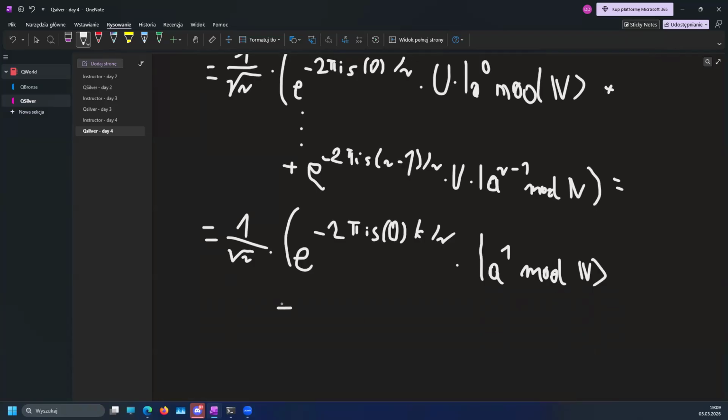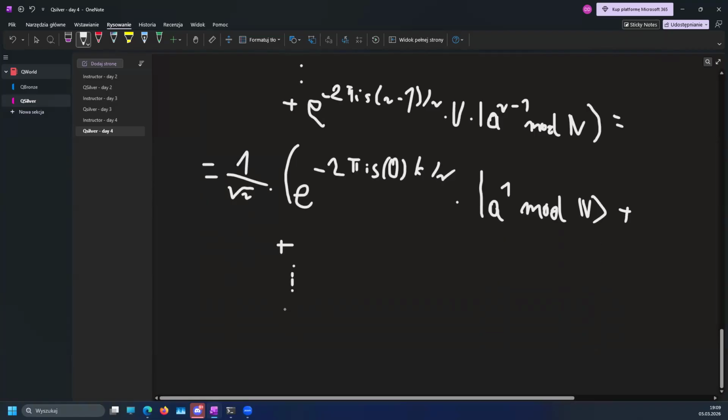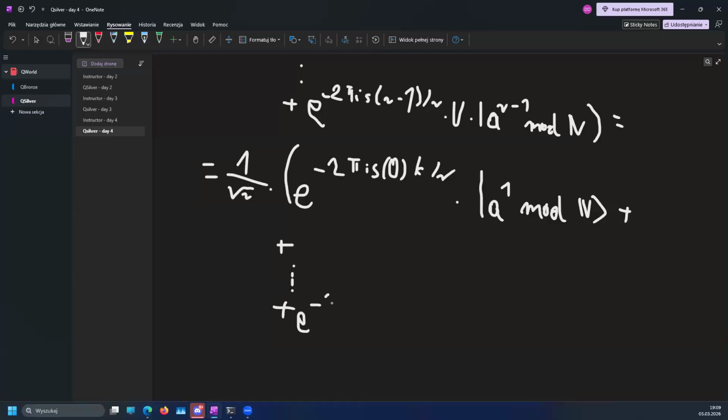And now let me skip those less important ones, and let's move on to the last element, 2 by I s.